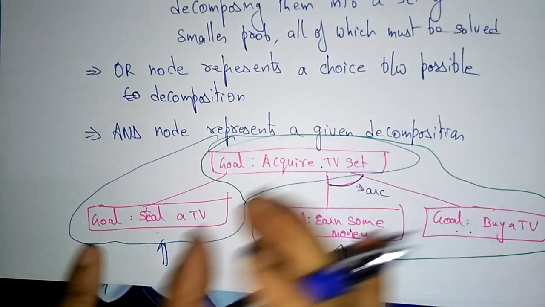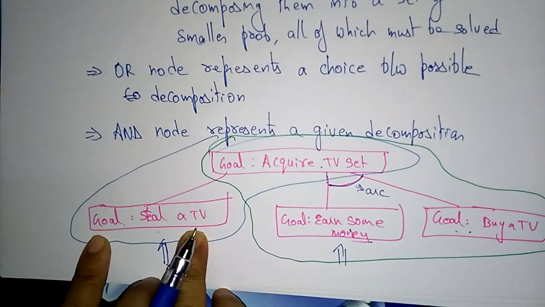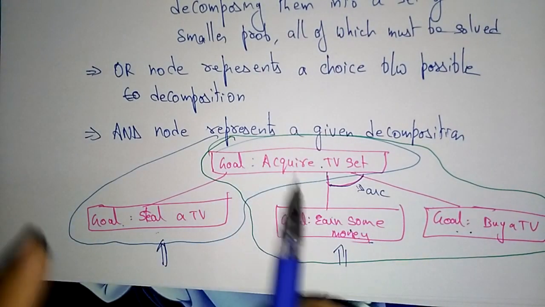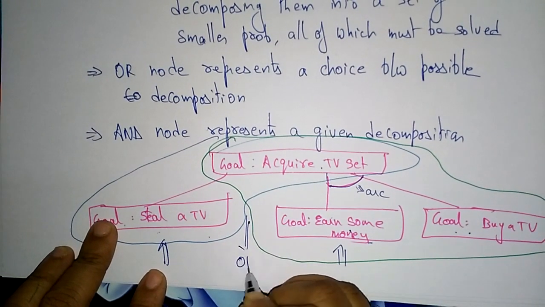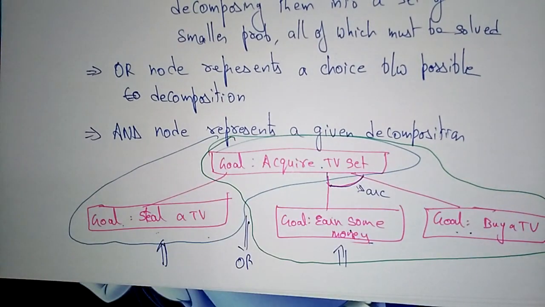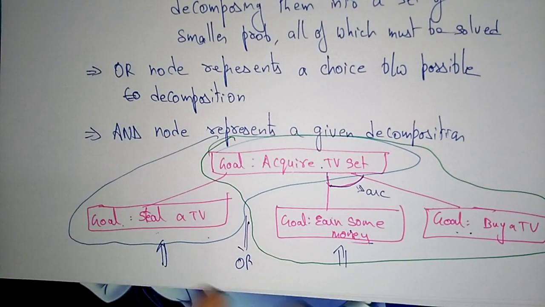Without this, you can just steal a TV and you'll get the TV. So this is OR and this is AND operation. This is AND or graph. You are decomposing the problem by OR and AND. OR means you choose any one of these.